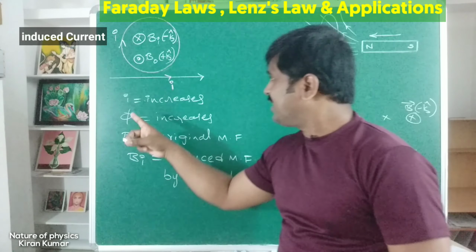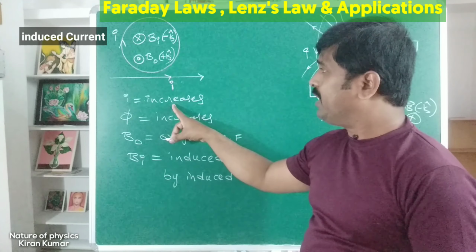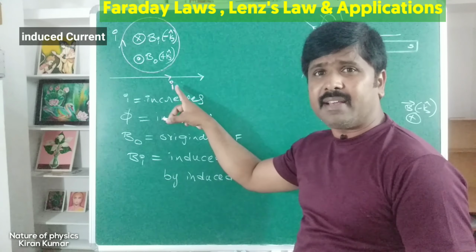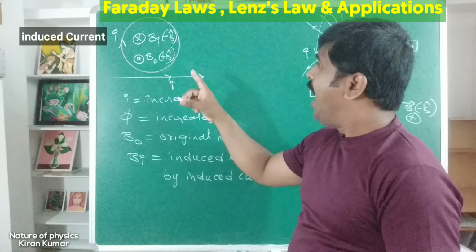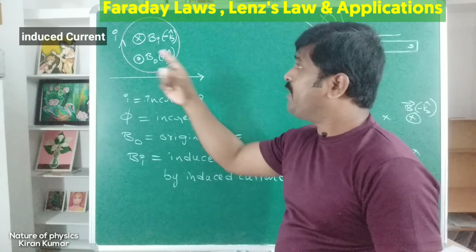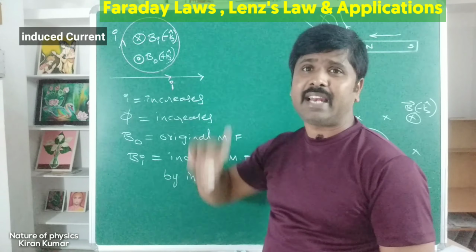First, the current in the current carrying conductor is increasing, so its magnetic field increases. Due to the increasing magnetic field, an EMF is induced in the coil, and the induced current direction is clockwise.